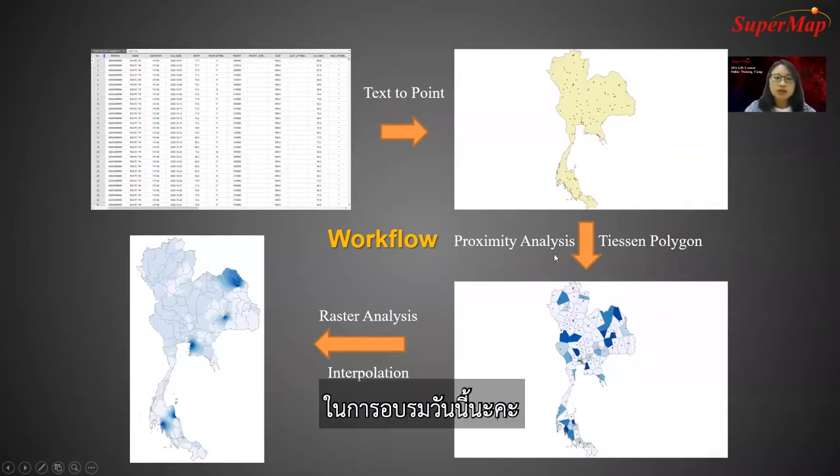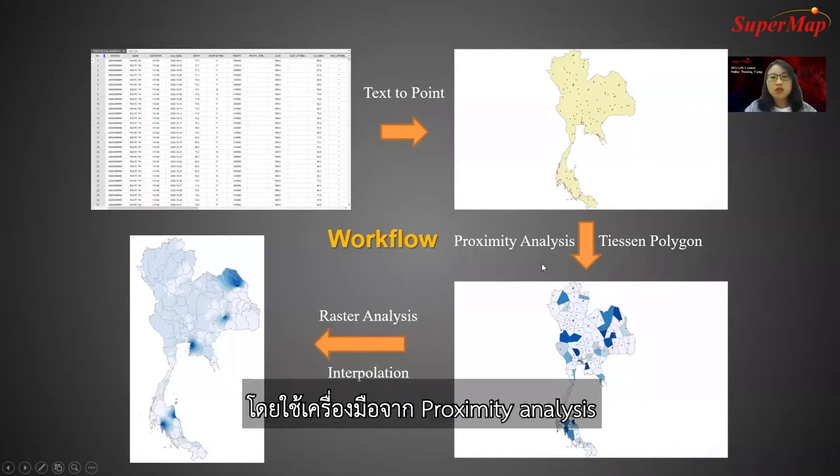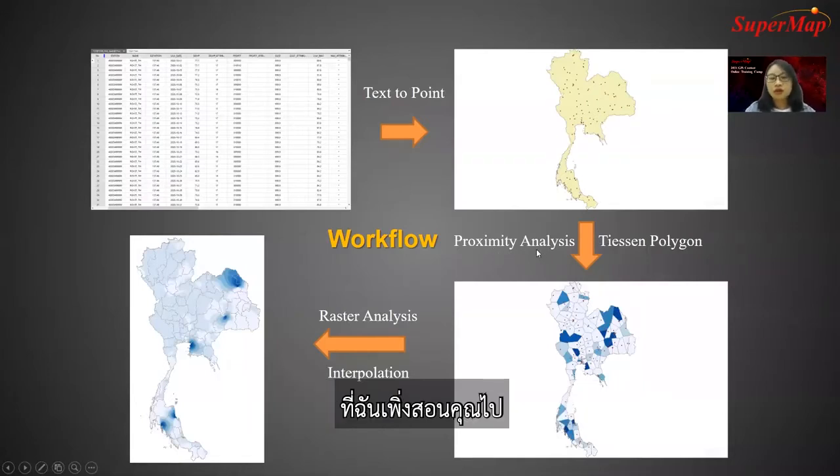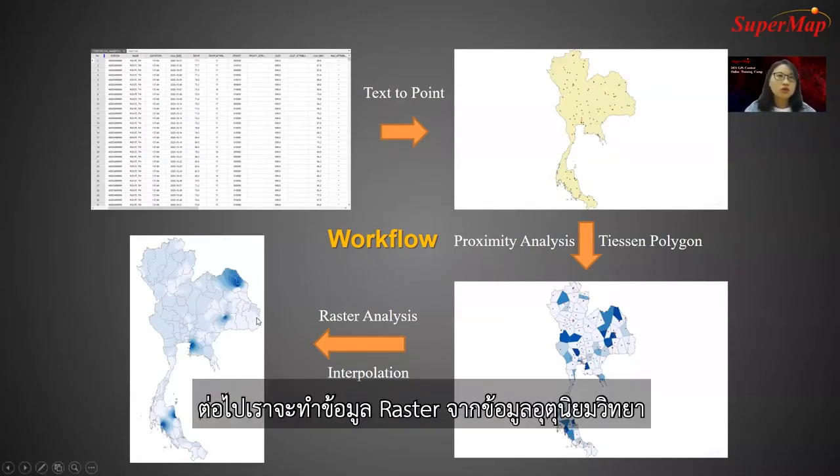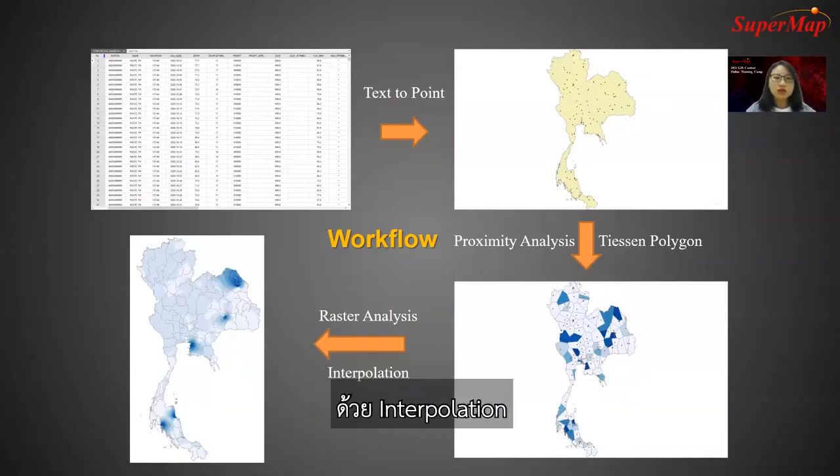In today's training, we are going to create the Thiessen polygon, which uses the proximity analysis that I have just introduced to you, and then we also need to create a raster data with the meteorological data using the interpolation method.